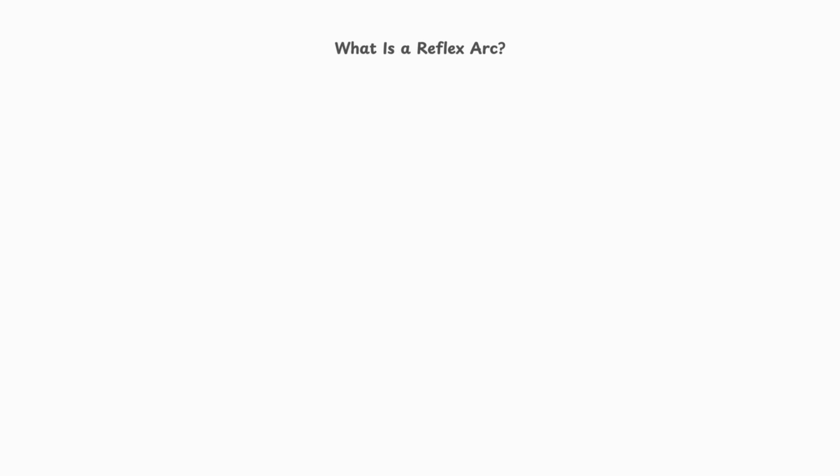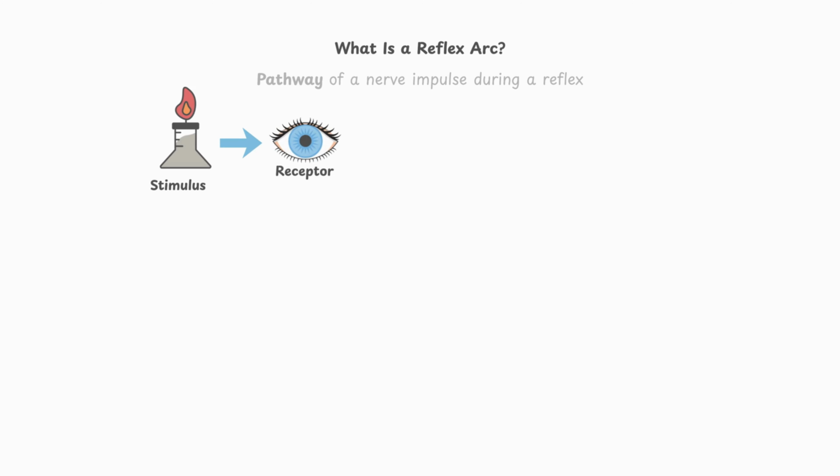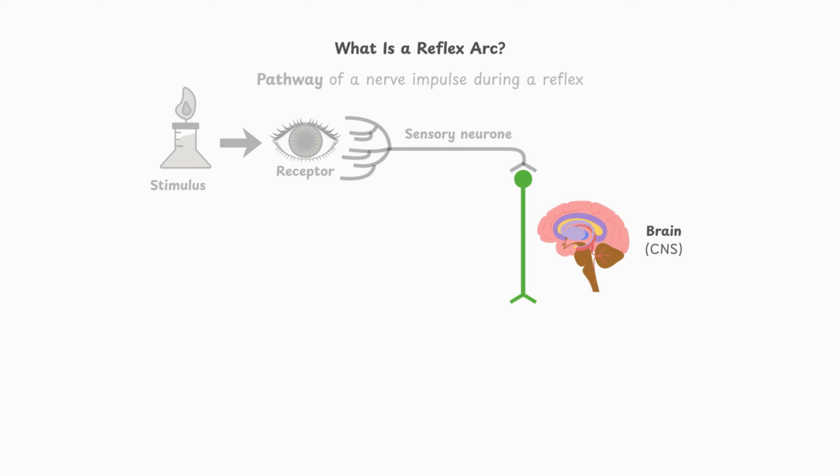A reflex arc is the pathway that a nerve impulse follows during a reflex action. It shows how information travels quickly through the nervous system to produce a fast, automatic response. The process begins when a stimulus is detected by receptors. These receptors generate a nerve impulse which travels along a sensory neuron toward the central nervous system.